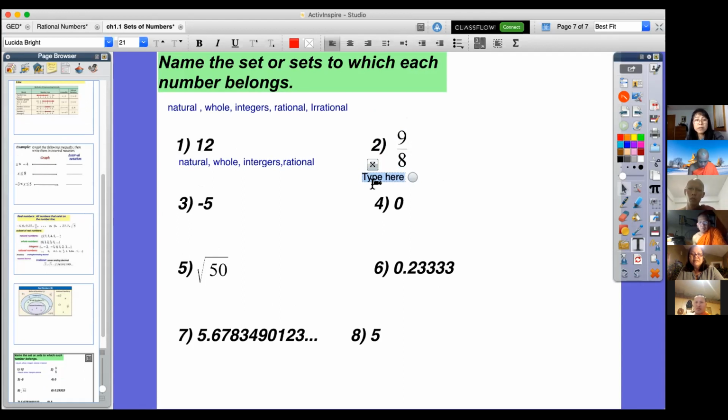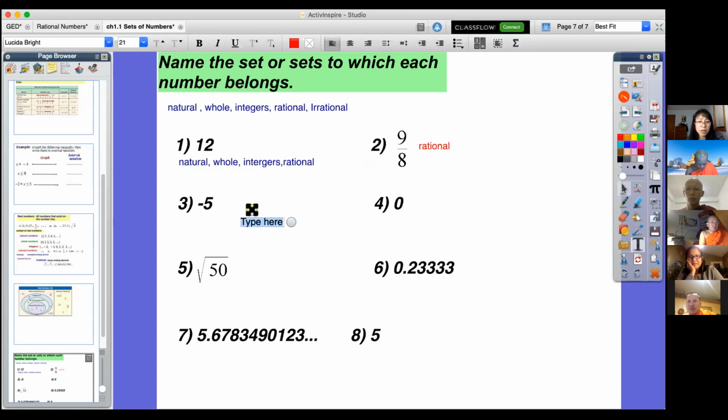No. Is 9/8 a whole number? No. Is 9/8 an integer? No. Is 9/8 a rational number? Yes, rational number. Very good.